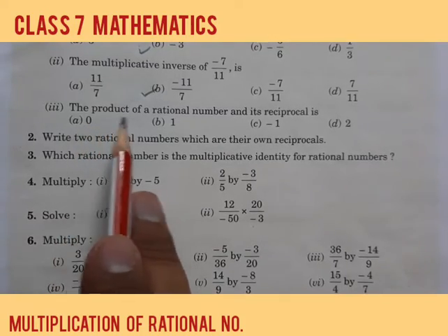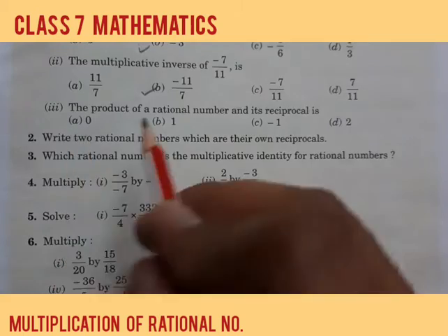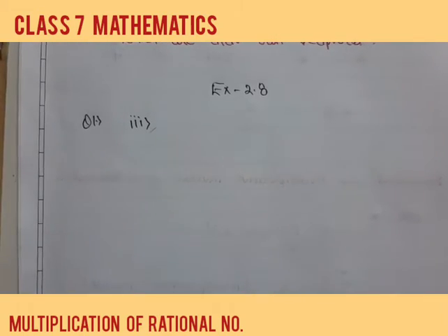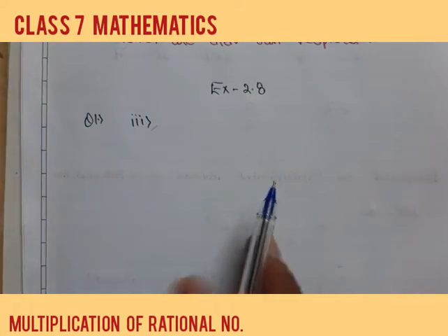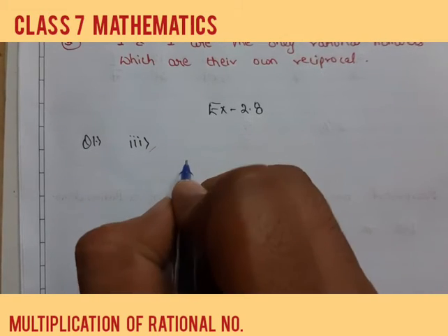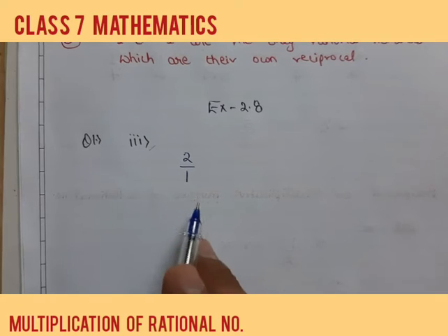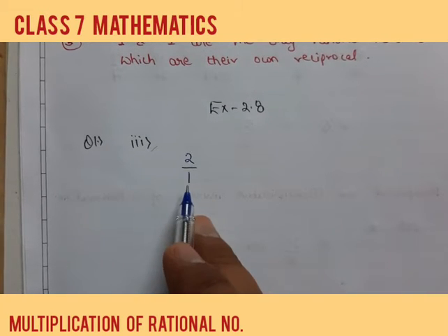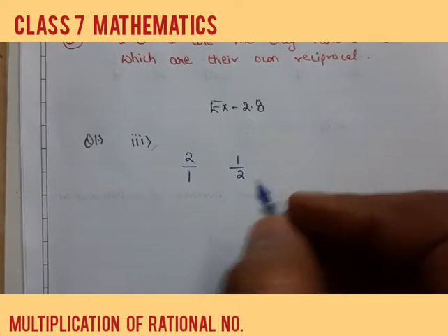The next question: the product of a rational number and its reciprocal is, the answer will be 1. See how. The question is saying that the product of a rational number and its reciprocal is always what? For example, take a rational number 2 upon 1. If we take the reciprocal of 2 upon 1, it will be 1 upon 2.